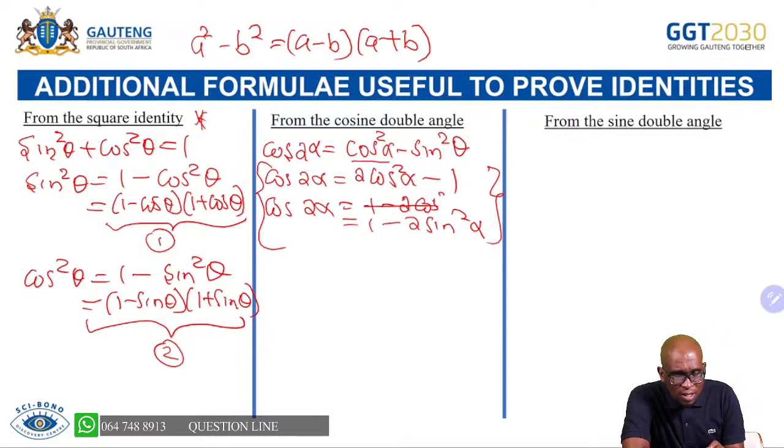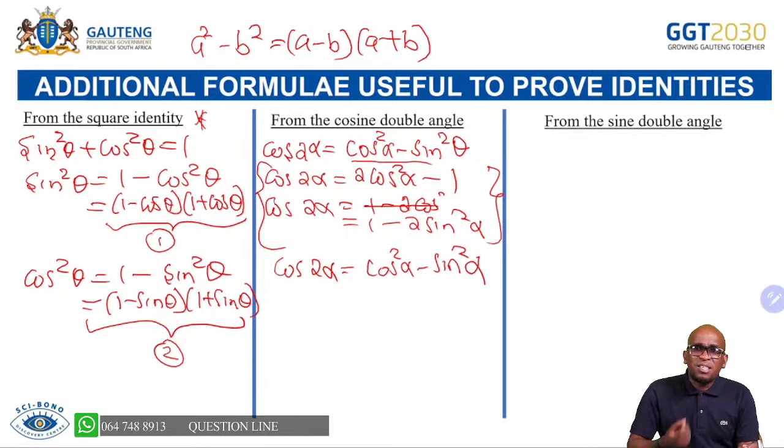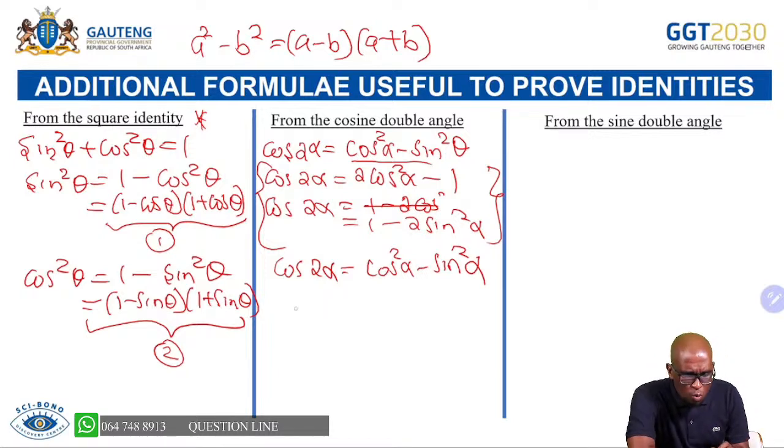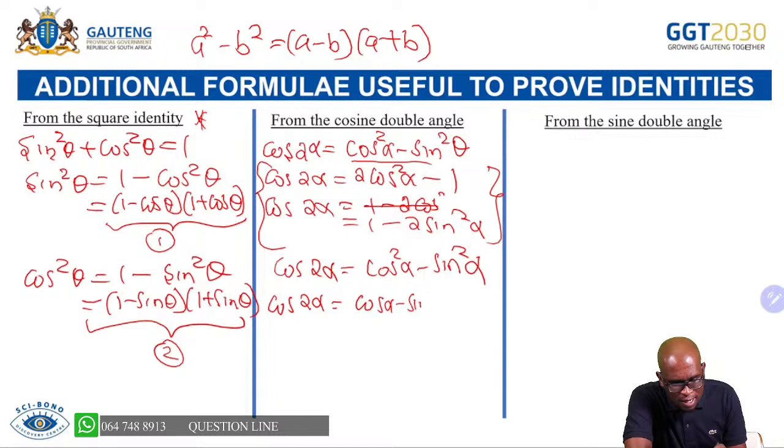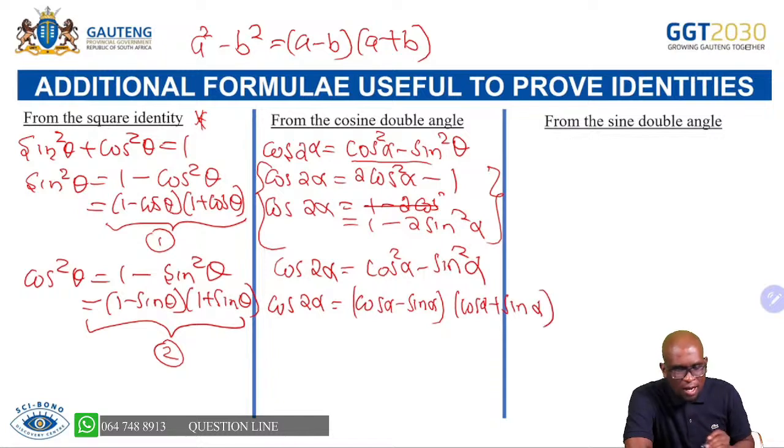But if you look at the first one, the cosine of 2 alpha as cos squared alpha minus sine squared alpha, this is still a difference of 2 squares. So we can write this as cos alpha minus sine alpha into cos alpha plus sine alpha.